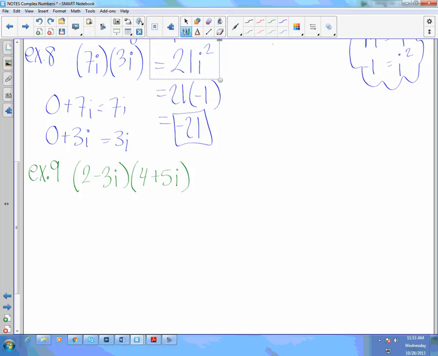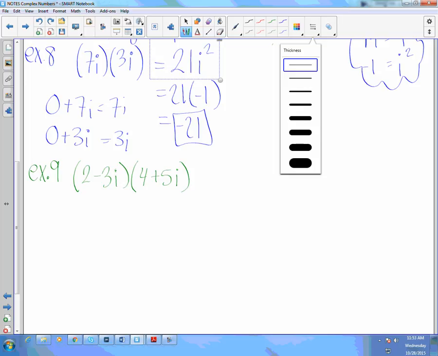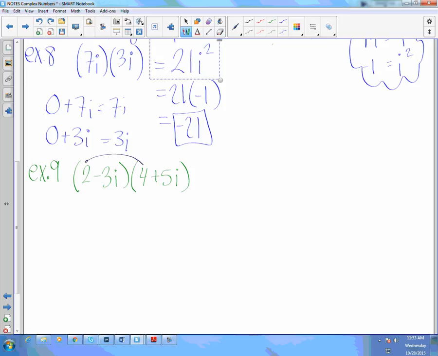Yeah, and how would you normally go about simplifying, which means multiplying those? 2 times 4. Anything else? 2 times 5i.